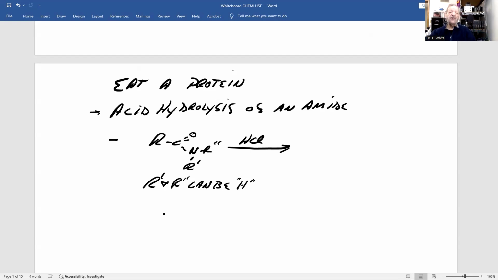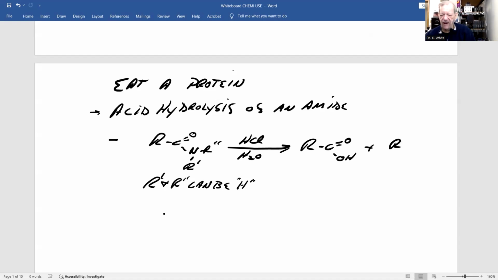I always think of it as one of the miracles of life that you and I have cells in our body, in our stomach, that synthesize, that's the fancy word for make, hydrochloric acid, HCl. And you have water. And what do you get back? You get back the carboxylic acid that you would have used to make that amide.